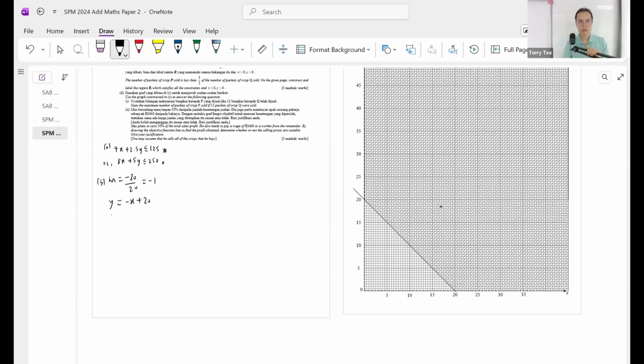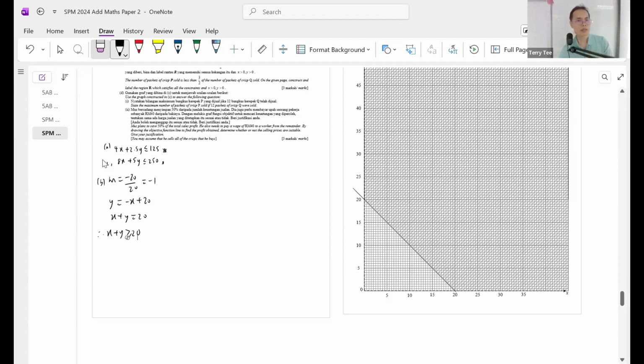So you can just write y equals minus x plus 20. You don't need to make x and y on the same side. Now, you want the region to be above. You can see the shaded region is above, right? So therefore, your inequality is x plus y greater than or equal to 20. It is a solid line, not a dotted line, so you put greater than or equal to.